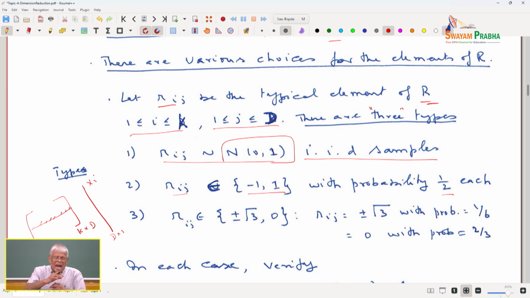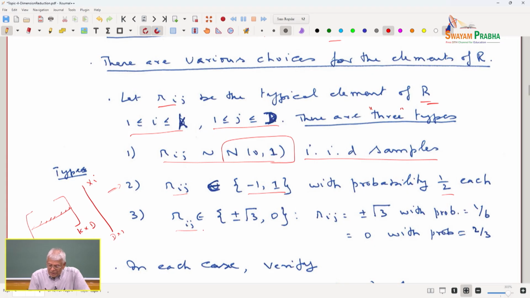I need to add all those quantities corresponding to plus 1, add all those quantities corresponding to minus 1, and then subtract the total negative quantities from the total positive quantities. So this one is computationally very efficient because I do no multiplication. But in type 1, I need to do multiplication and addition. So you are saving a ton of time in multiplication. That's a big saving in itself.